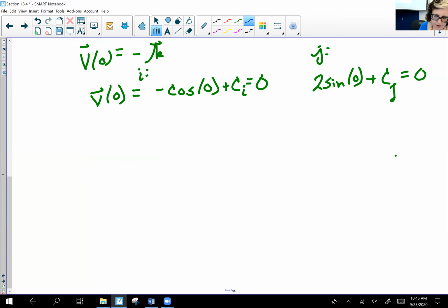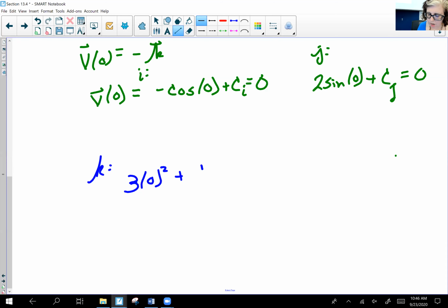Finally, for the K component, we're going to have 3 times 0 squared plus C. Now, this one isn't going to equal 0, is it? Good, Perla. This one's going to equal -1.